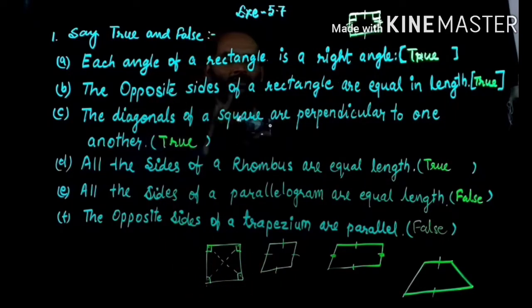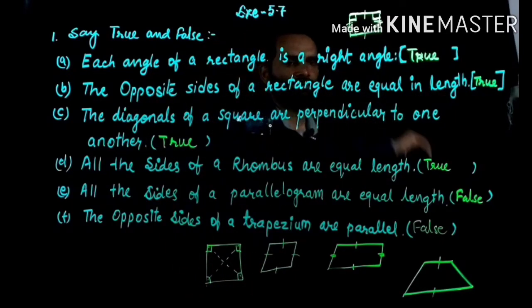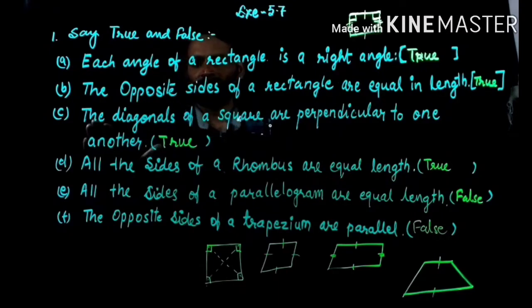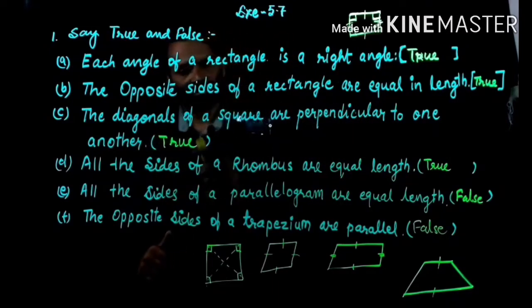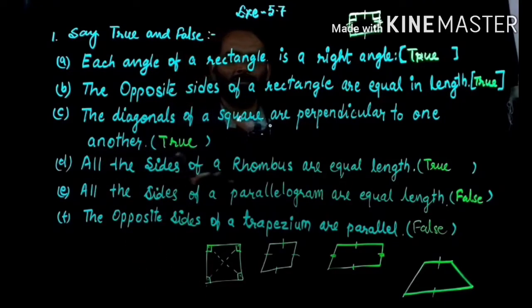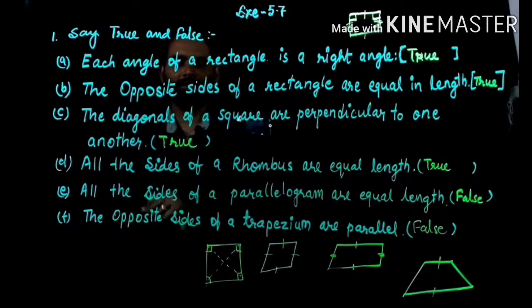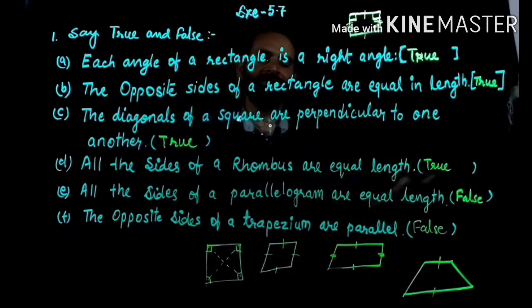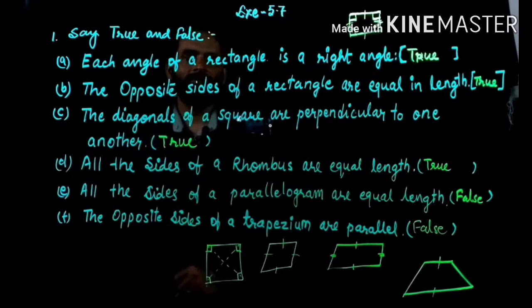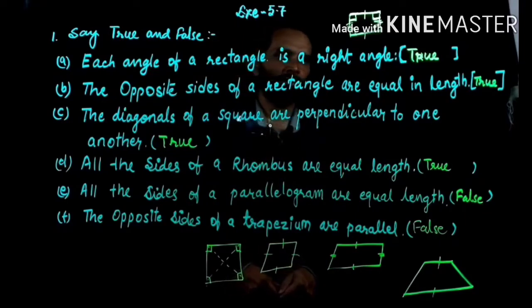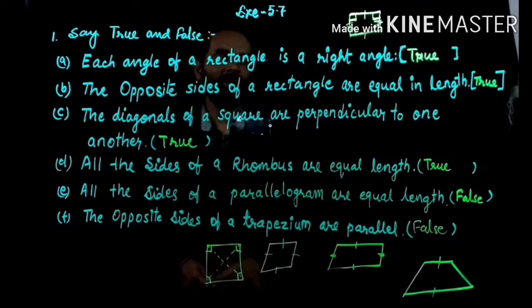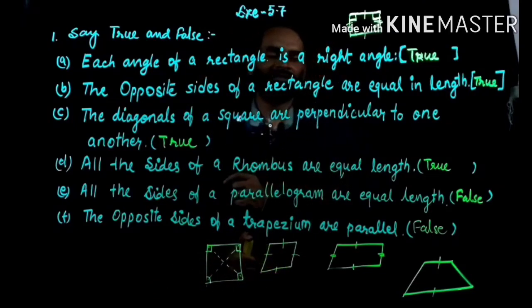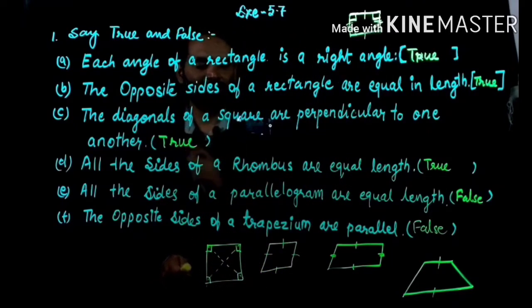The opposite sides of the rectangle are equal length, yes. The diagonals of the square are perpendicular to one another, right. All sides of the rhombus are equal. And all sides of the parallelogram are equal length, false, because in a parallelogram only opposite sides are equal and parallel. The opposite sides of the trapezium are parallel, no, only one pair of sides is parallel, not equal.